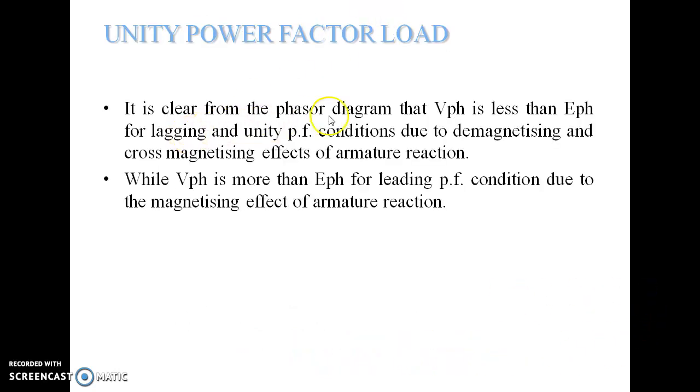It is clear from the phasor diagram that VPH is less than EPH for lagging and unity power factor conditions due to the demagnetizing and cross-magnetizing effects of armature reaction. But VPH is more than EPH for leading power factor condition due to the magnetizing effect of armature reaction.